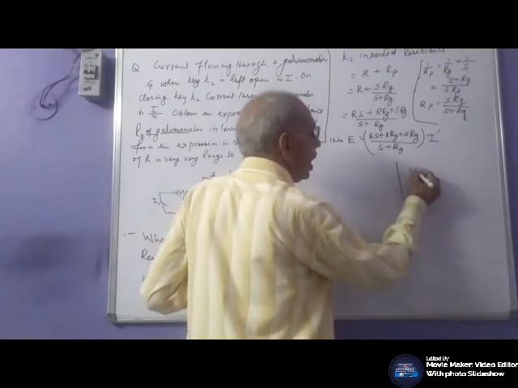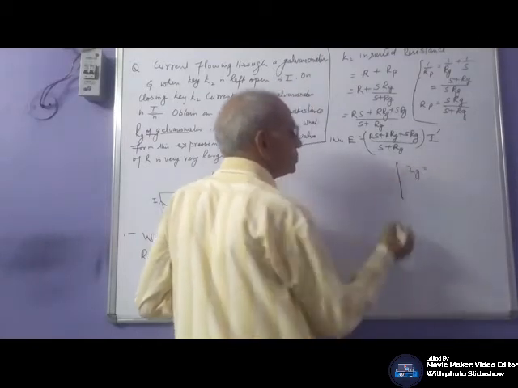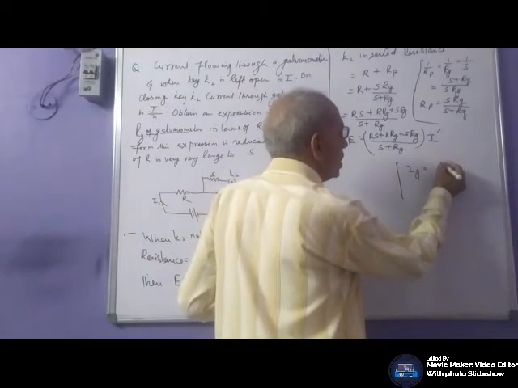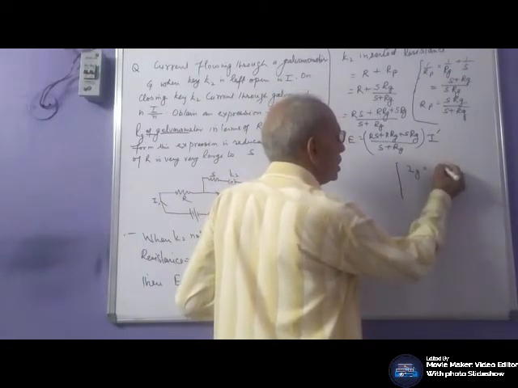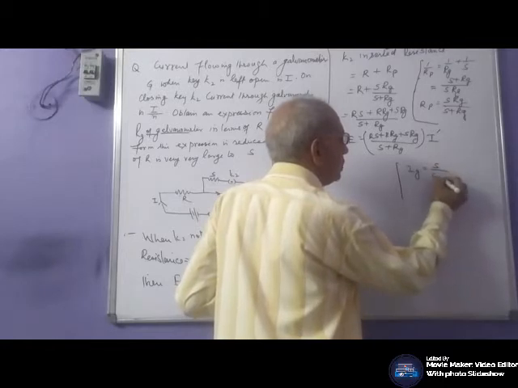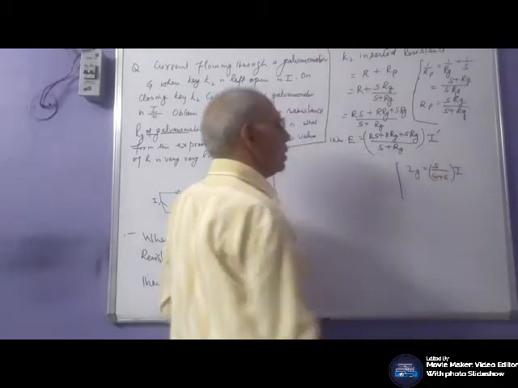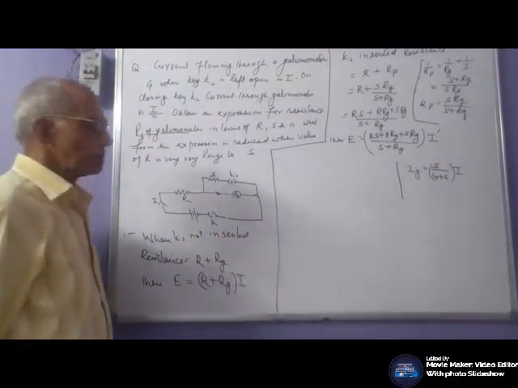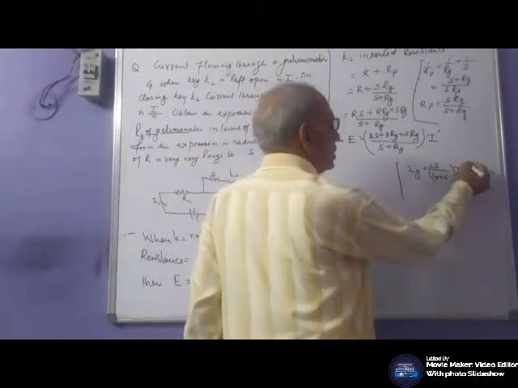We know Ig is S by G plus S into I, the current through the galvanometer. This is the total current.